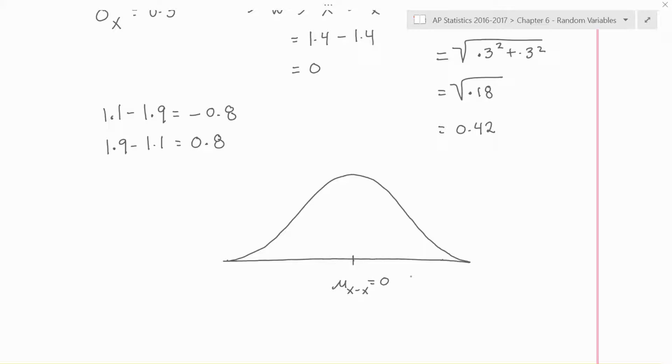We could write out all of our standard deviations, or we could just make a guess as to where the value of the difference should fall. So here's one observation for x minus x, positive 0.8. Here's another, negative 0.8.